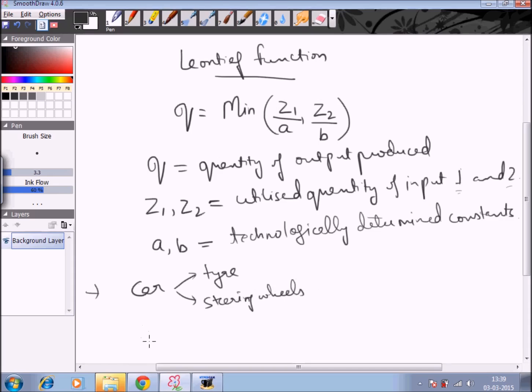I'm taking a very simple example. So here in this case, our Q is car, Z1 is tires used, and Z2 is steering wheels. So we can denote the Leontief function in this form.